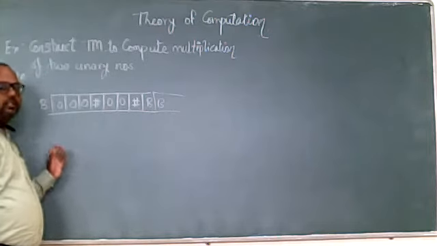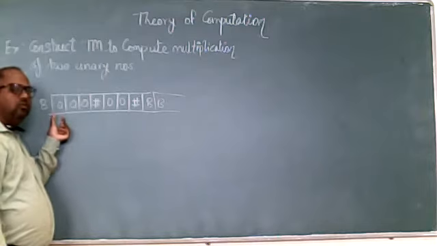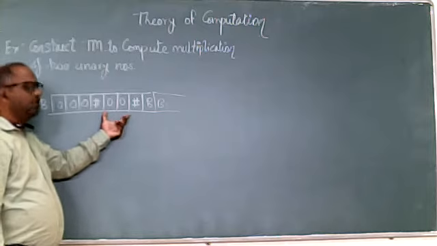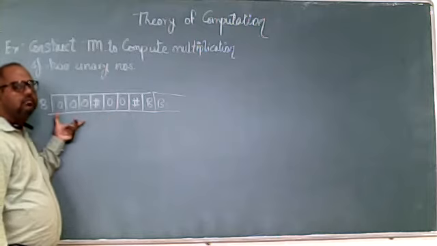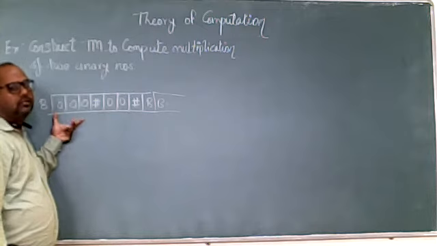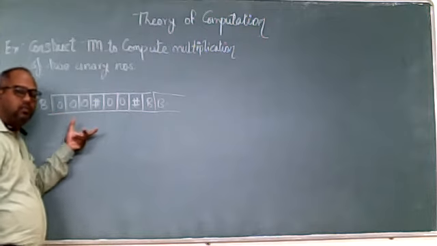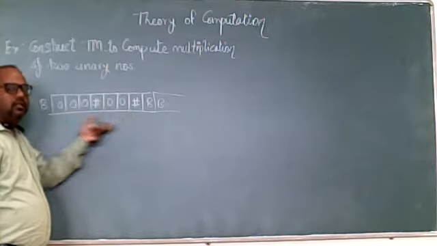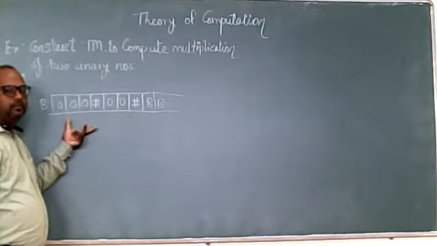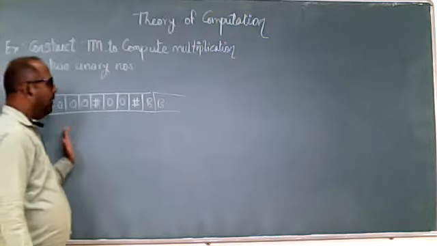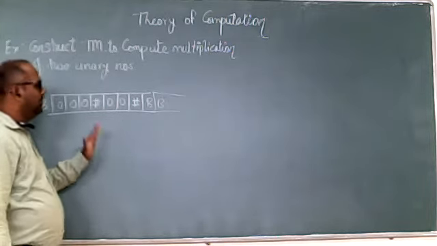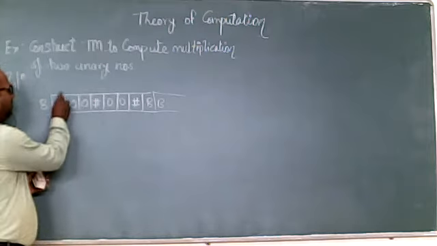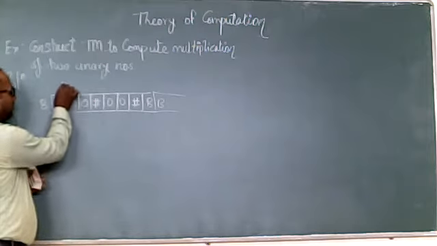Yesterday we saw the basic logic. We'll copy this second number this many number of times. That is nothing but multiplication. So the multiplication process is: copy this number this many number of times. We'll divide this Turing machine into two parts. First is counting.